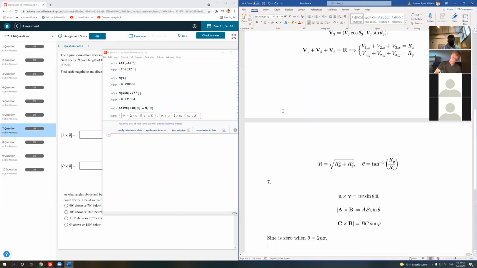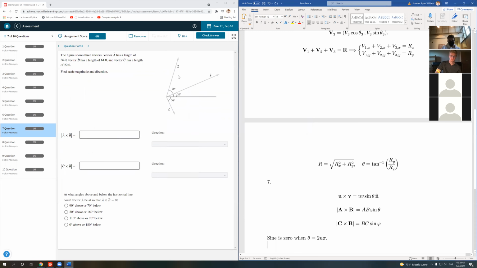So n could be 0, 1, 2, 3, etc., right? So you could write this in terms of degrees, because 2 pi radians is 360 degrees.